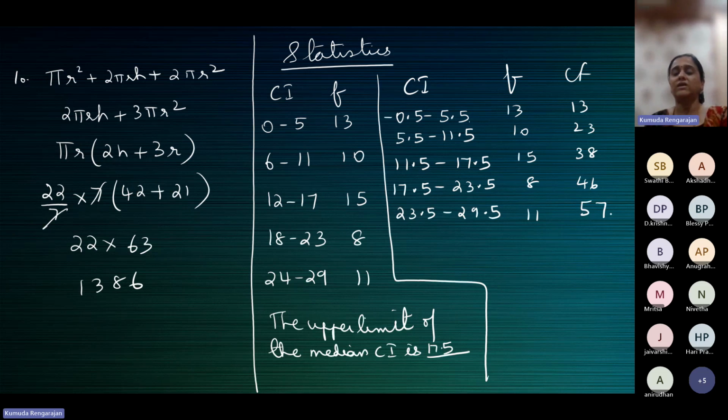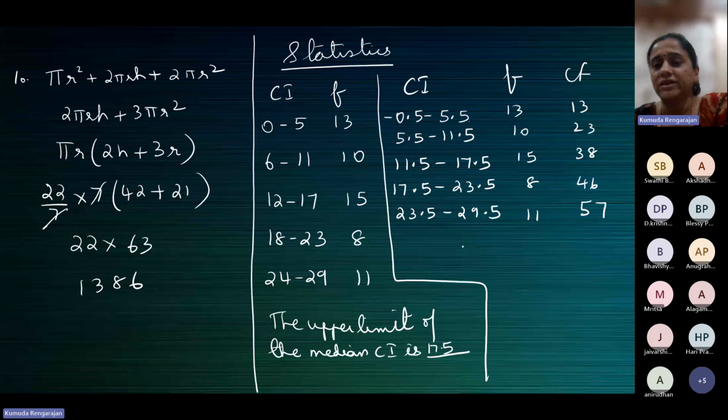Correct? Are my values correct? Yes, ma'am. So you need to make the class intervals continuous. That's the most important thing. And now find the total of the frequency column. So that will be 57. N is equal to 57.